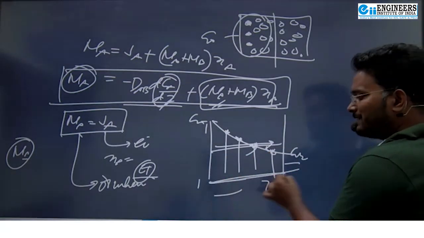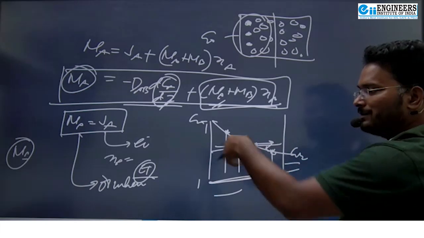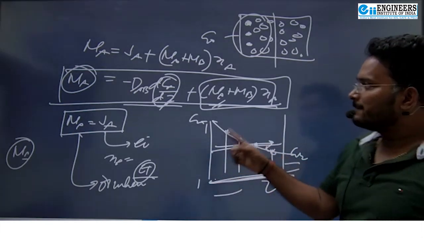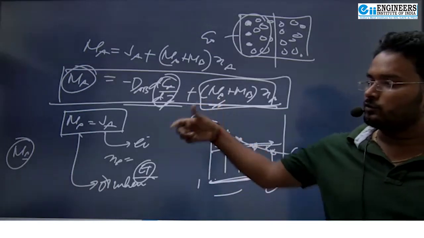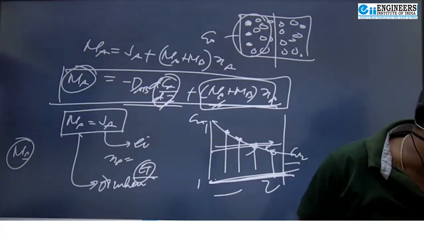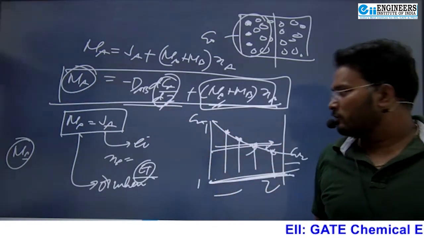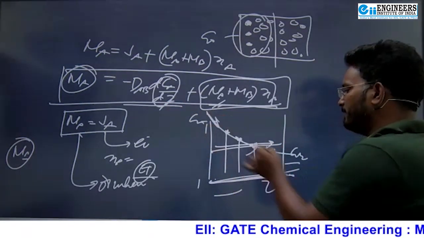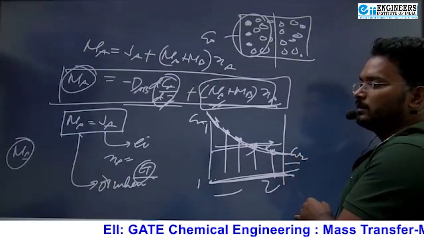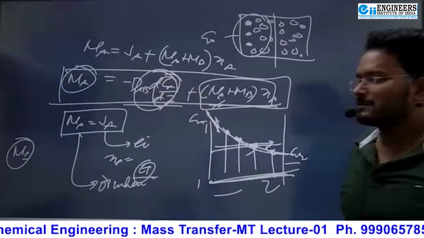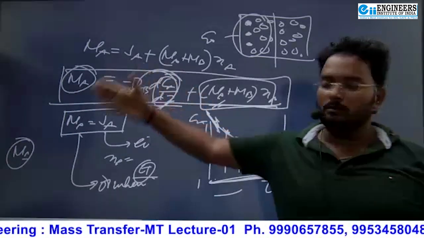You can see dC_A upon dZ is high at one point, the concentration gradient is very high, and it decreases along the path. When the concentration gradient is very high, the contribution of the diffusive flux is more in the total.